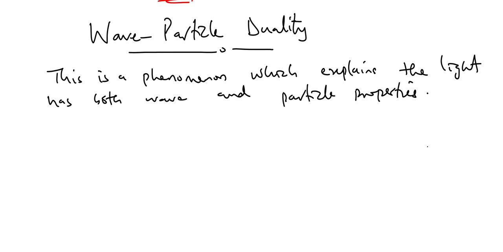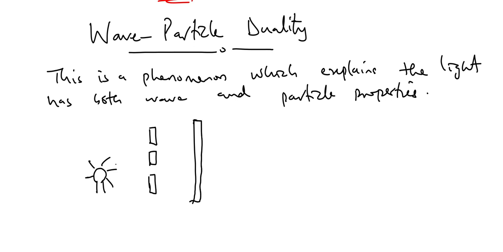For example, if we take a source of light, it will send out radiation waves. So how do we know that? If you put some slits here and there's a screen at this side, when the source sends plane waves and the waves get to this edge, they will diffract.